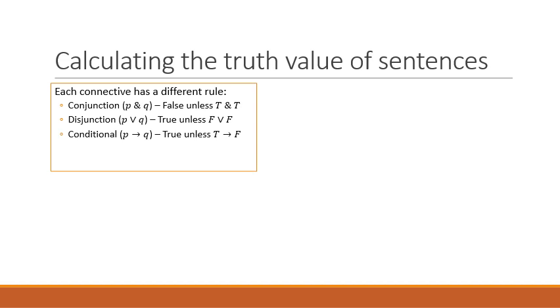So what we need to say about the rule for conditional is there's really just one condition in which it's obvious that the conditional is false. And that is the condition where the first part is true, the antecedent is true, and the second part is false, right?